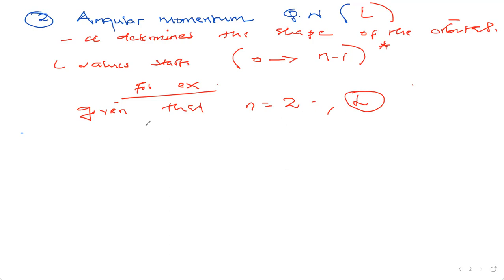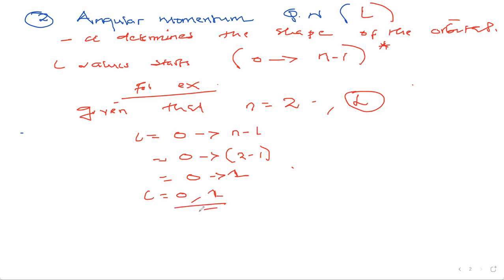L is equal to 0 to n minus 1, so 0 to 2 minus 1. Because n is 2, it is 0 to 1. Meaning that the values of L are 0, comma, 1. This is what it means, 0 to n minus 1.